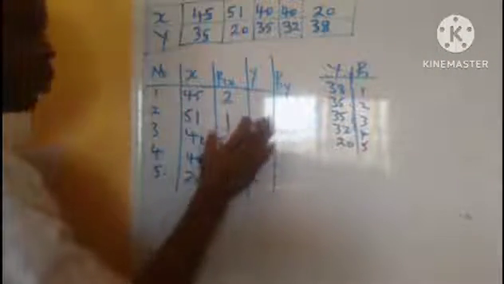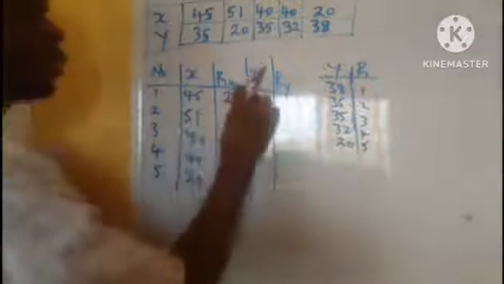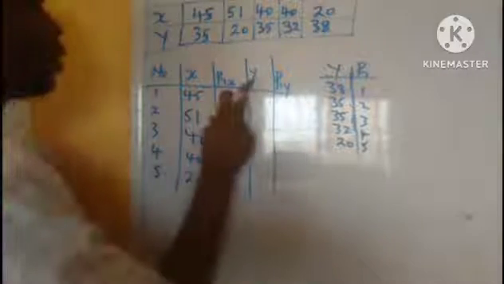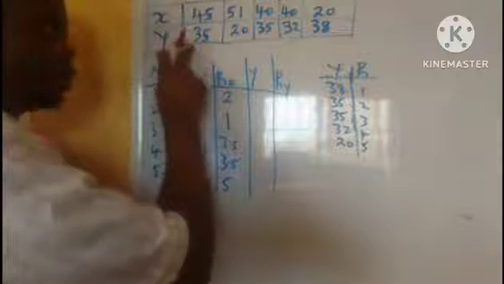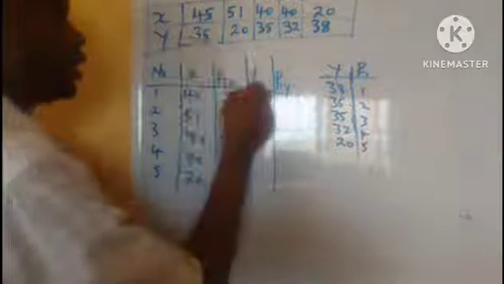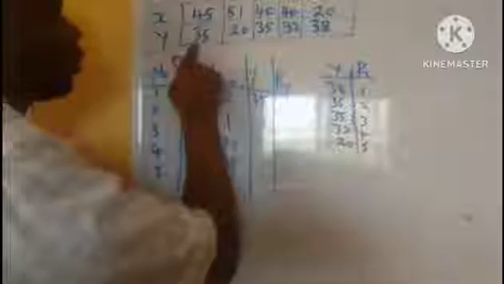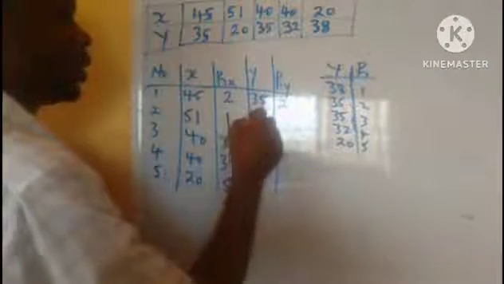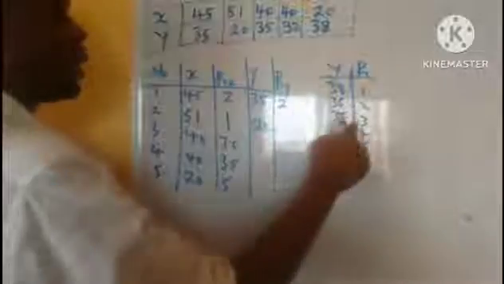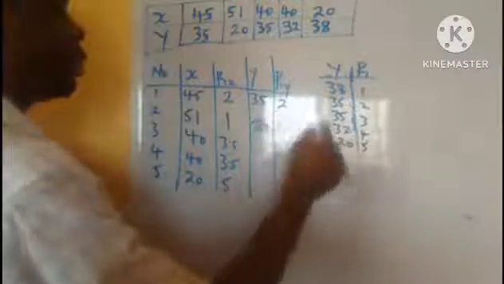Then I come to my correlation table now. My y from the question is 35, so I look for the rank of 35 here, which is 2. Then followed by 20, the rank of 20 is 5.